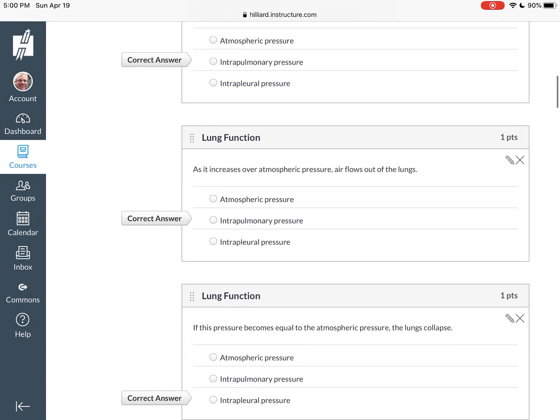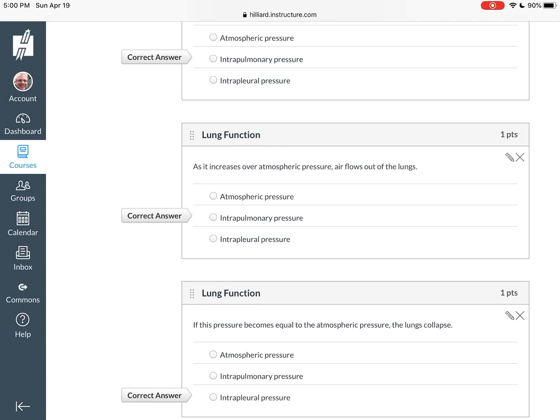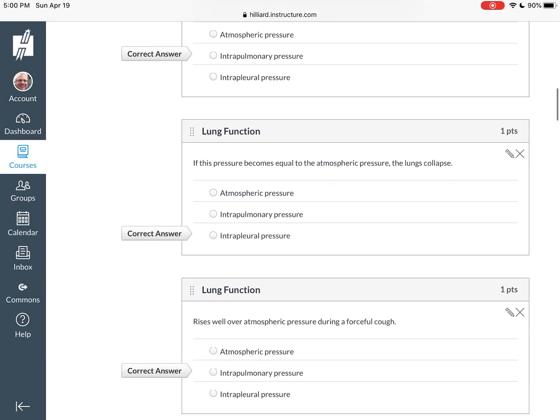The next one is as it increases over atmospheric pressure, air flows out of the lungs. Again, we can change the intrapulmonary by pulling the rib cage back in, diaphragm going to a relaxed state. That increases the pressure by reducing the size of the thoracic cavity, and that's going to force the air back out. So that's going to be an expiration.